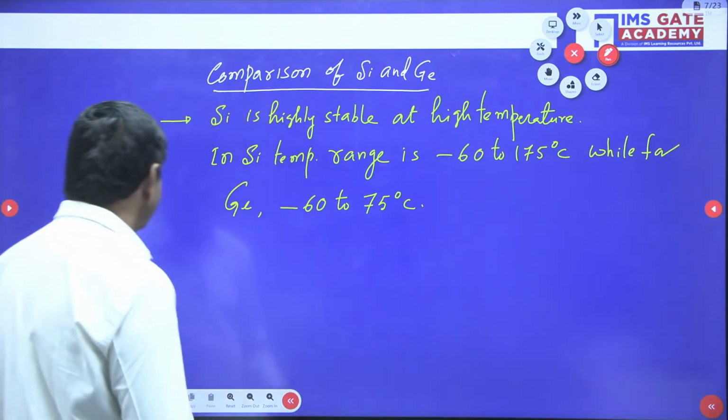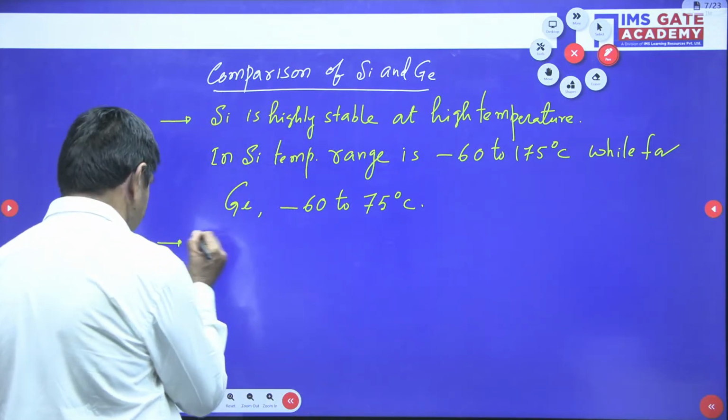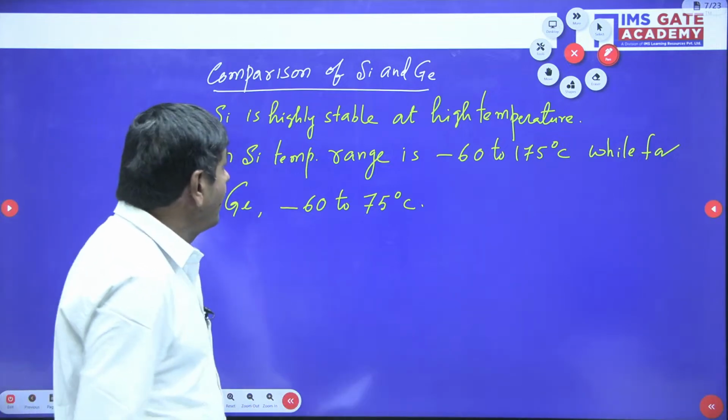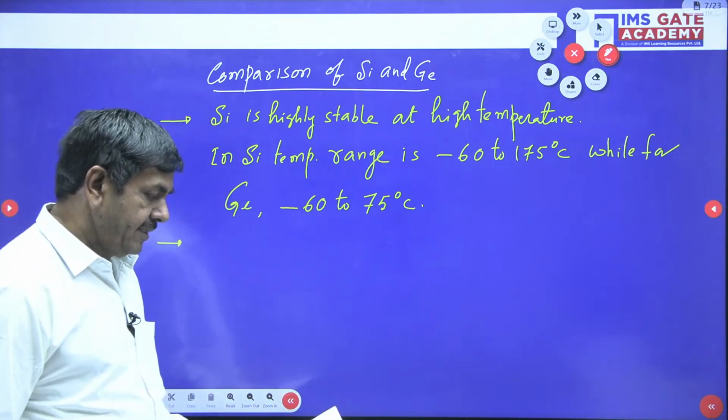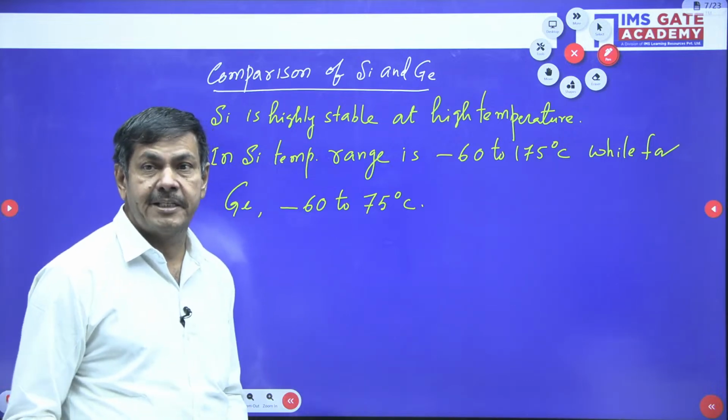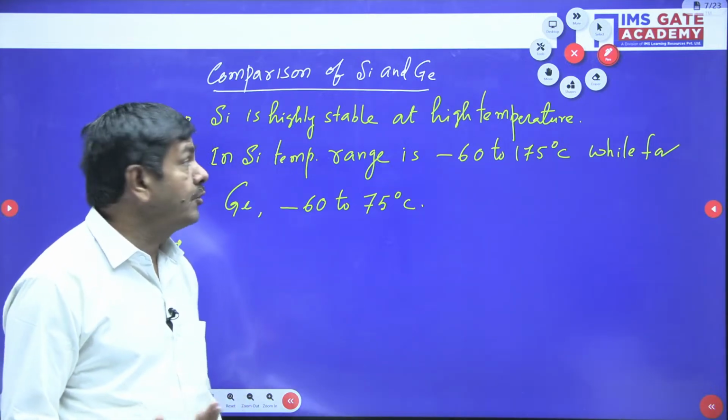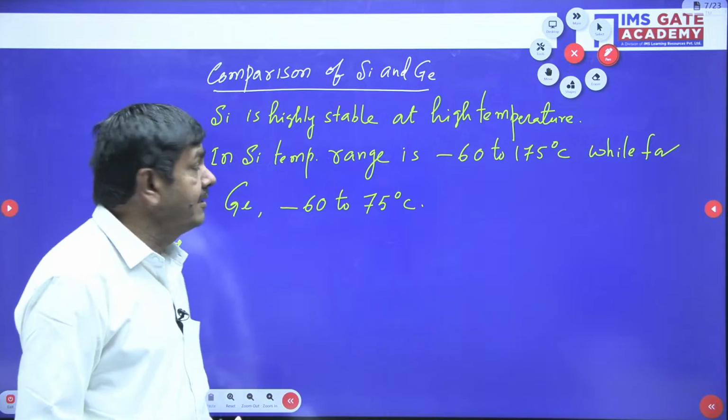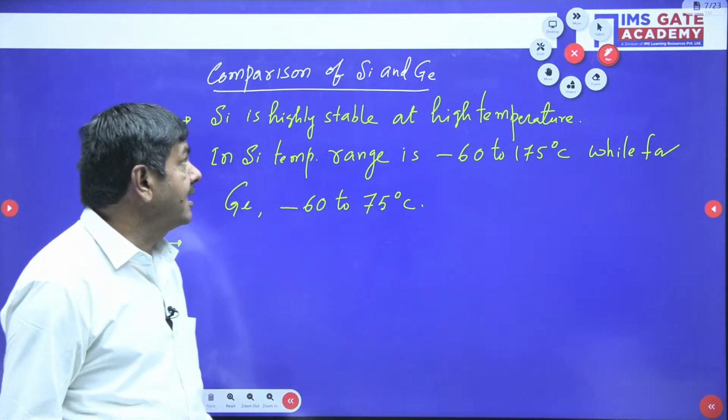Second point, you must understand: the power handling capacity of silicon is higher than germanium. Silicon can have more power handling capacity as compared to germanium.